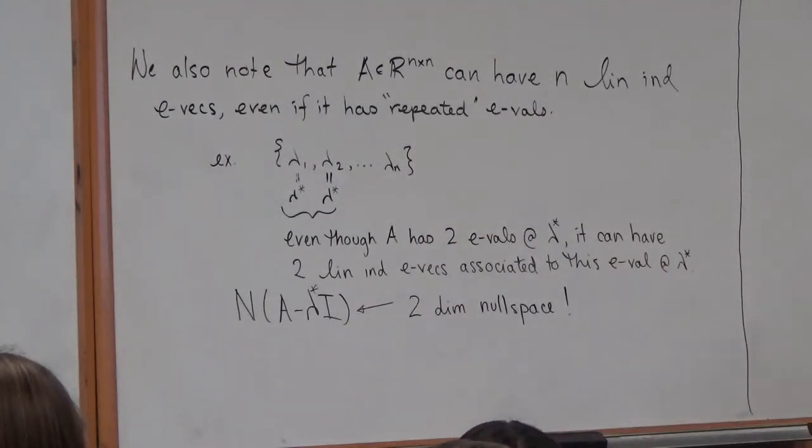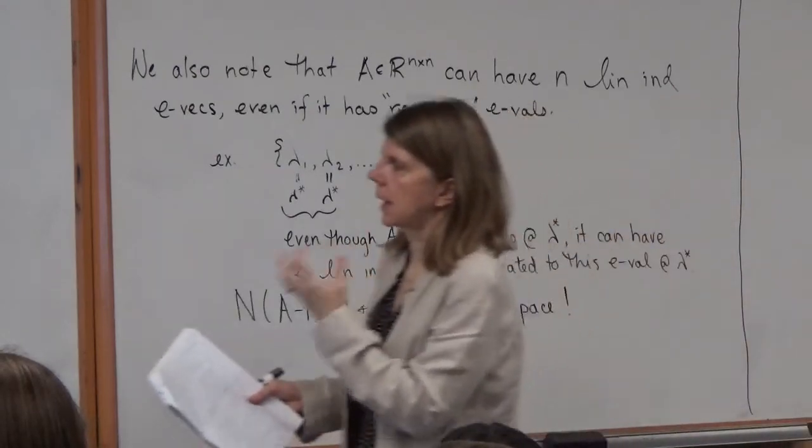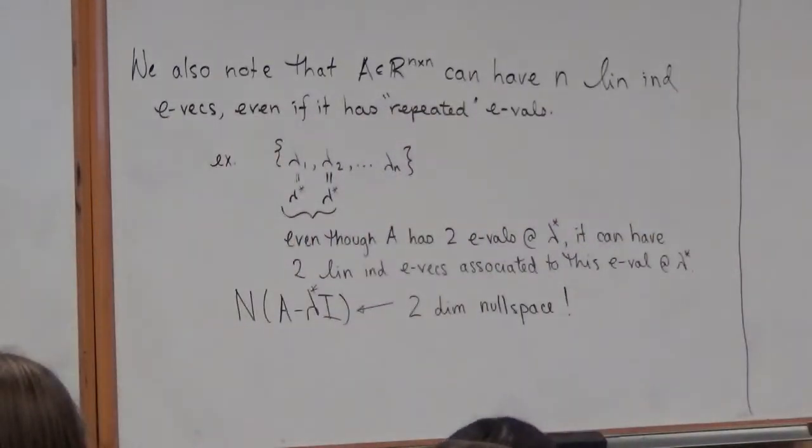Okay, so the key thing when we talk about this case 1 is that the matrix has n linearly independent eigenvectors. Because if it has n linearly independent eigenvectors, you can do a lot. You can diagonalize that matrix. Okay, and that's what we're going to see now. All right, so in summary, what we've done today is we've talked about case 1. A has n linearly independent eigenvectors. We've looked at a special case of case 1.